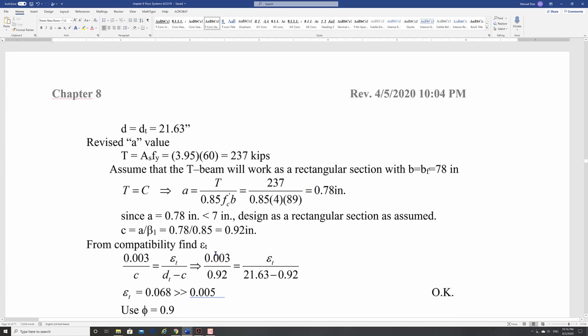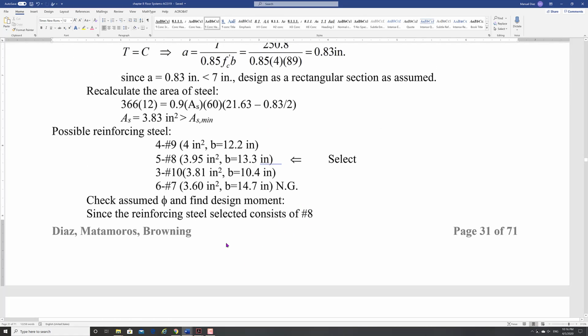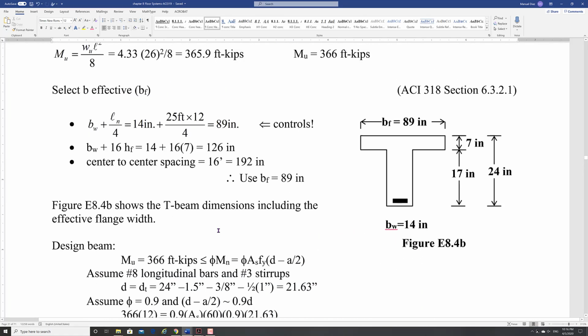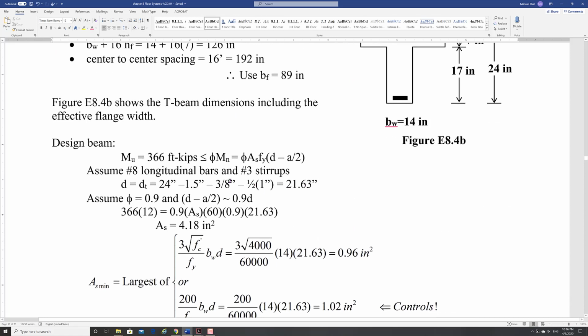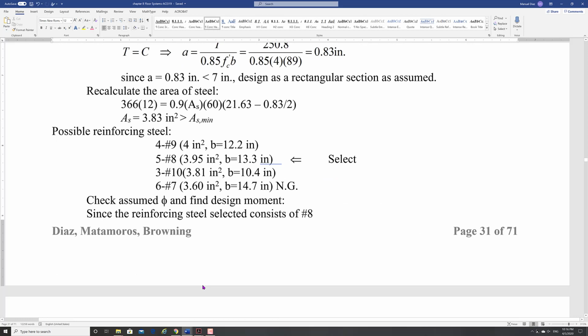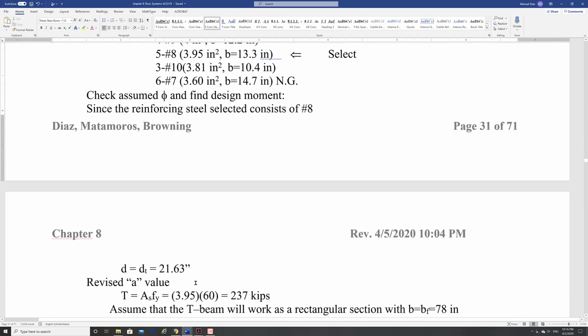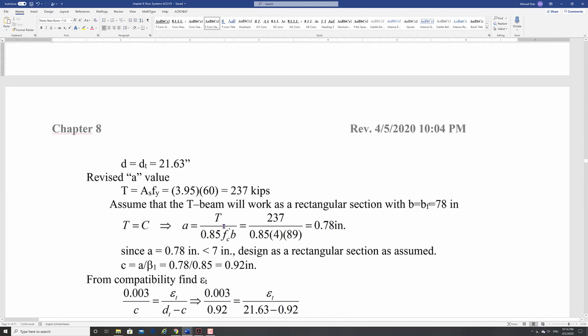Since we selected 5 number 8s, and we assume here number 8s, then we have the same number. It doesn't change. And we find our new a value, 0.78. And that looks okay. So this one right here is not right.